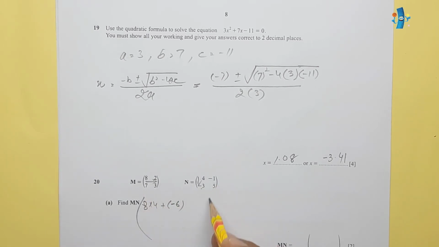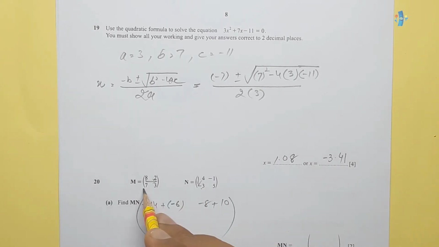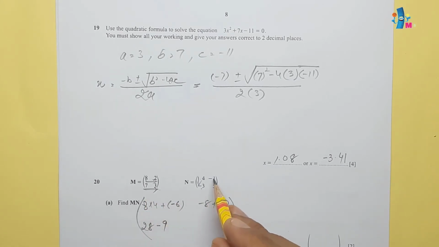And first row, second column will be minus 8 and plus 10. Similarly, second row, first column will be 28 and minus 9, and second row, second column will be minus 7 plus 15. So this one, 7 multiplied by minus 1 will be minus 7.